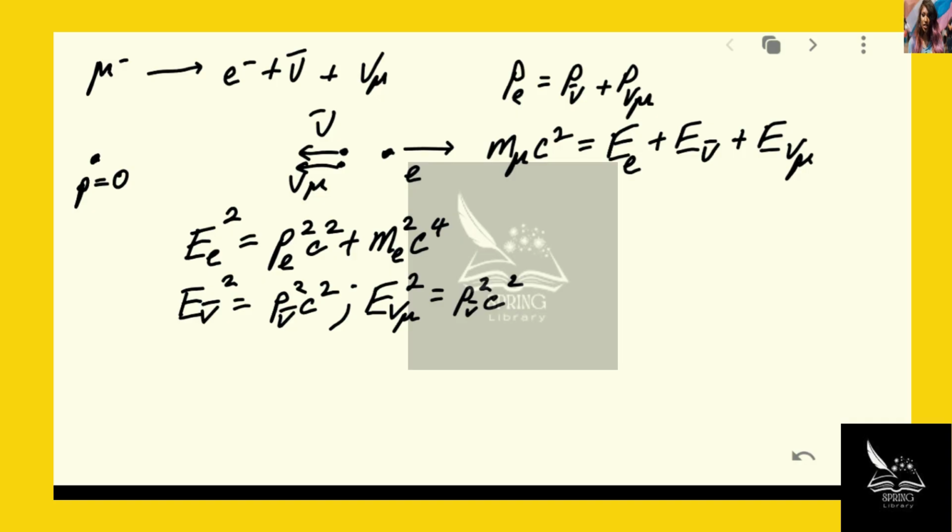Next, we substitute all the values into our energy conservation equation. But we know that by momentum conservation, this is true.